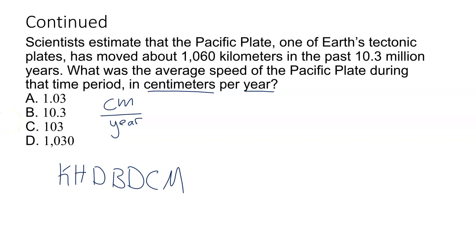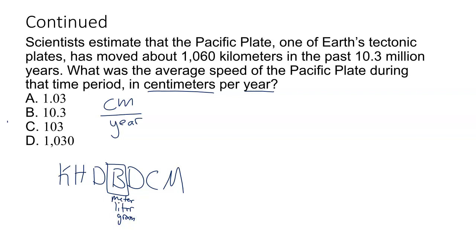H for hecto: hectograms, hectoliters, hectometers. The first D is for deca. B represents our base. Our base within the metric system is meters, liters, and grams with no prefix.